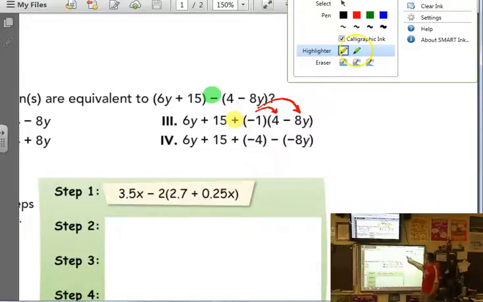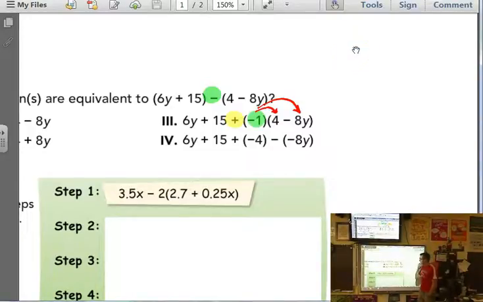But also down here we have a negative 1. So is subtracting a value the same as adding the negative of that value? Yeah. Number 3 is just applying the property that we saw further up in your notes.